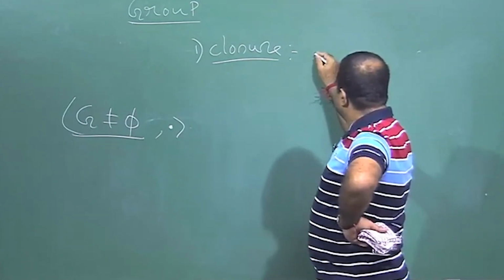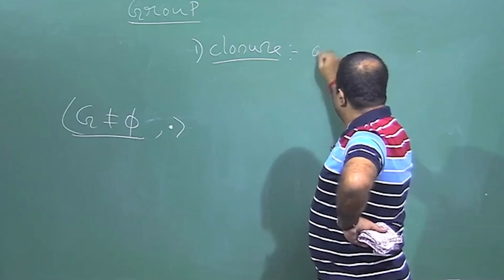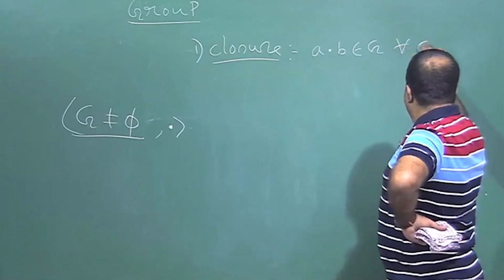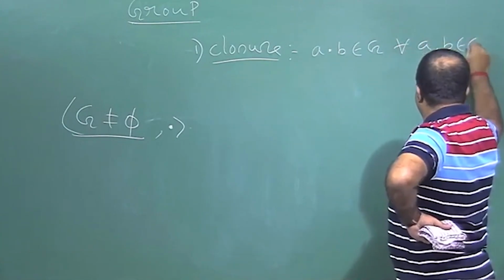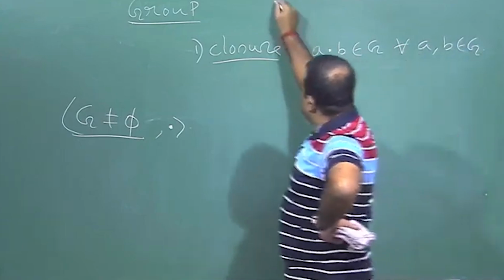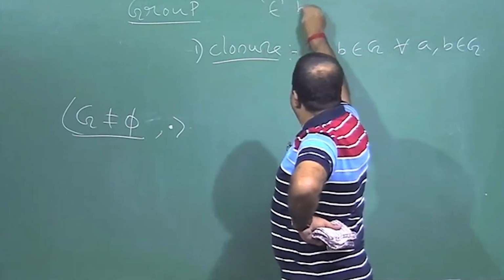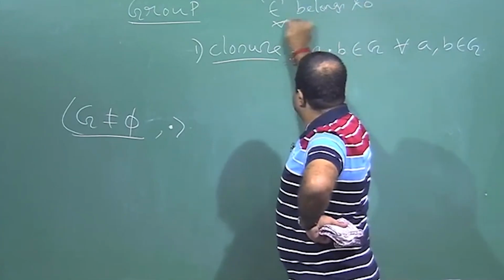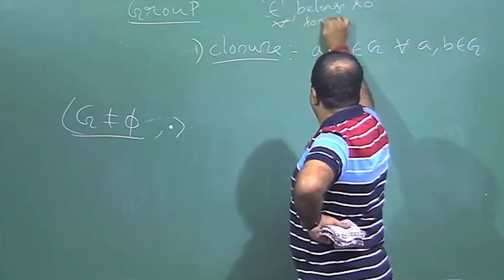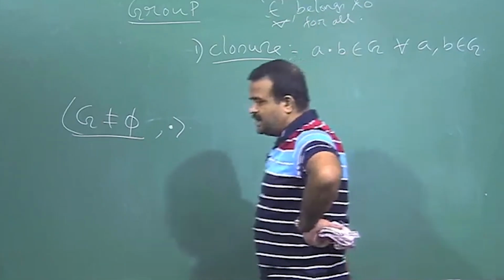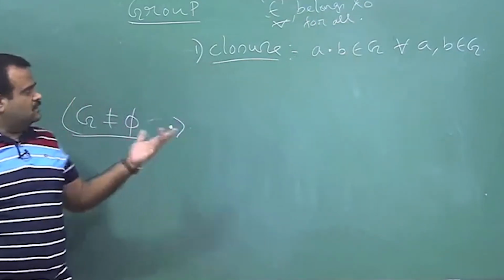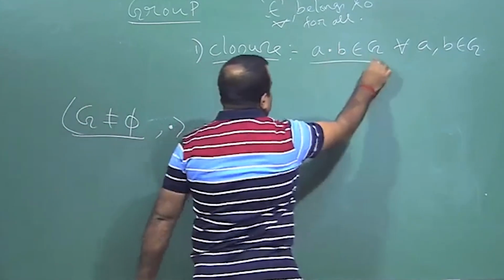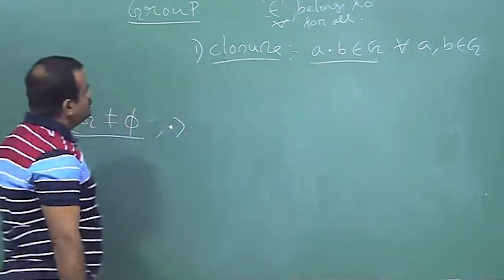So this is telling A star B must belong to G for all A, B belonging to G. We will use this symbol for belongs to, and this is for all. These are the standard notations, just to recap.